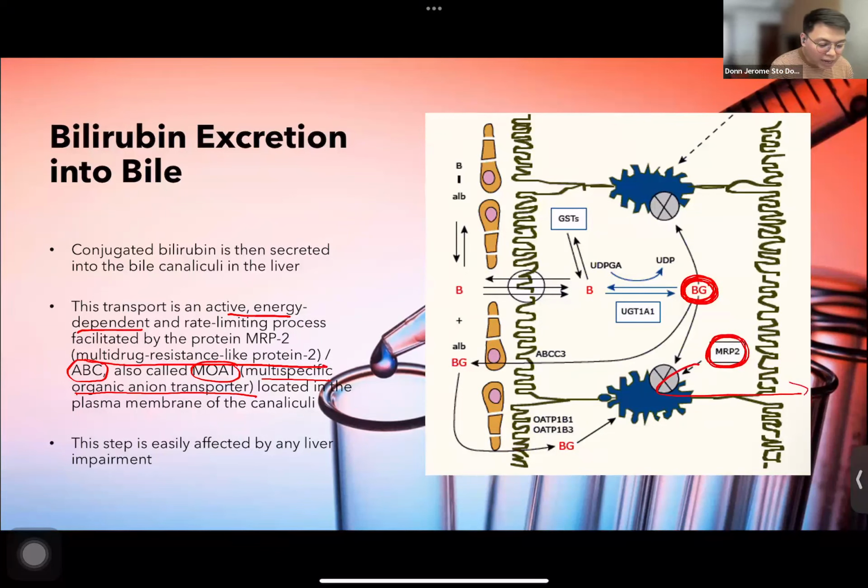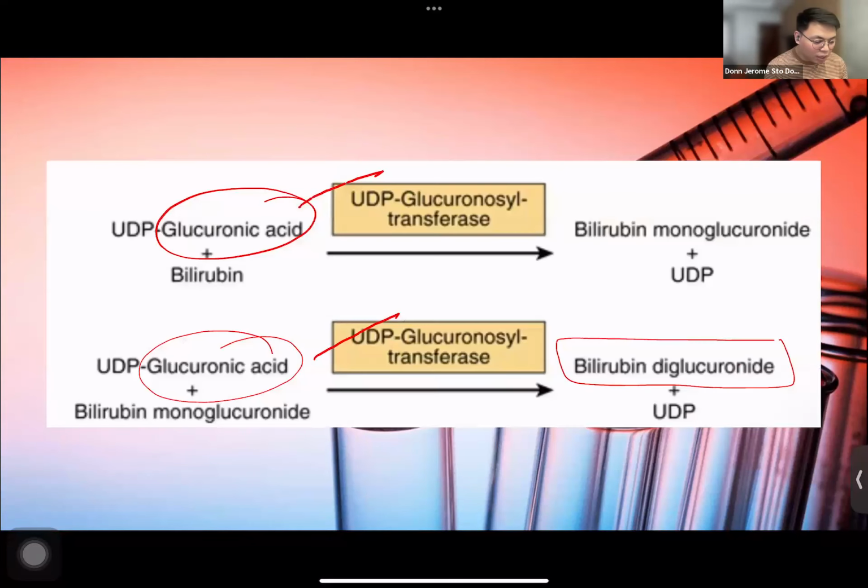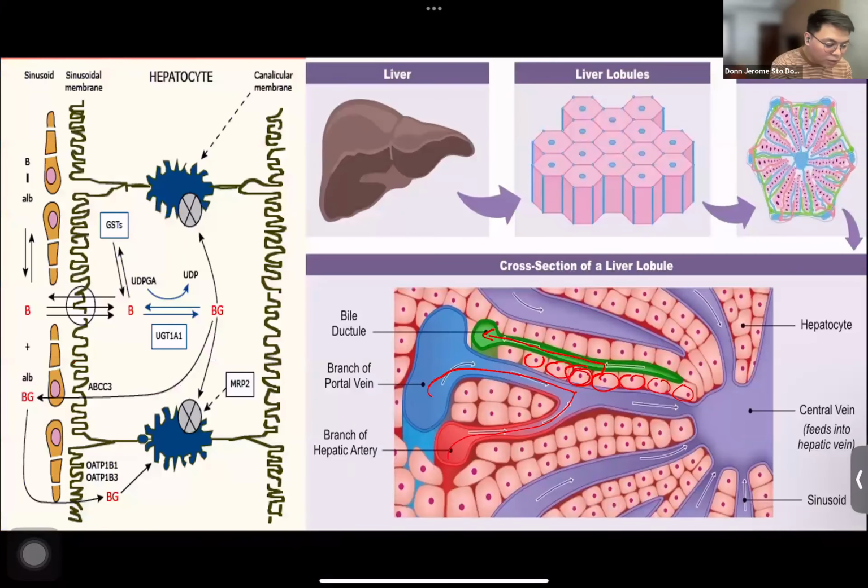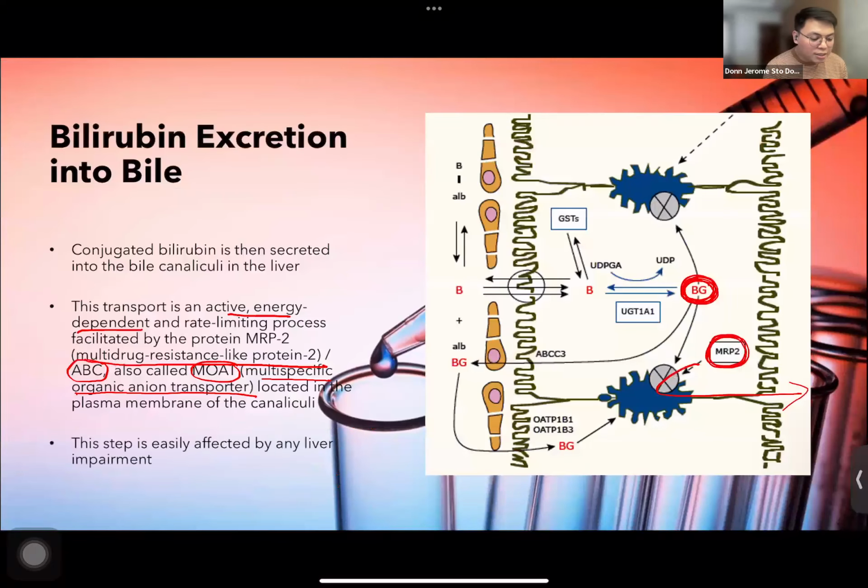Going now to the bile canaliculi. Naalala nyo kanina sa picture from the hepatocyte to the bile canaliculi. Or some of the conjugated bilirubin can efflux out of the hepatocyte only to be taken back by this transporter o ATP 1B1 and 1B3.